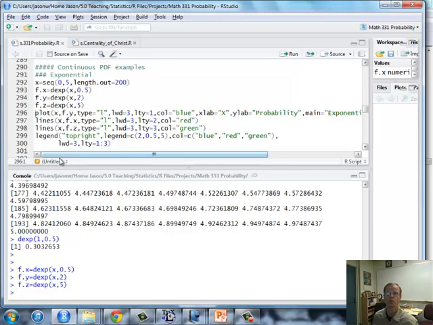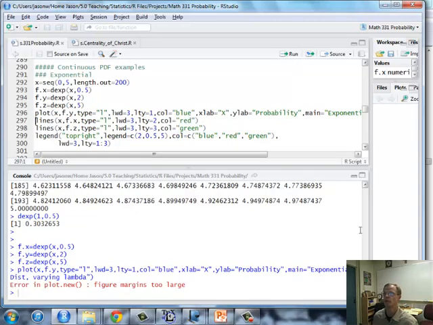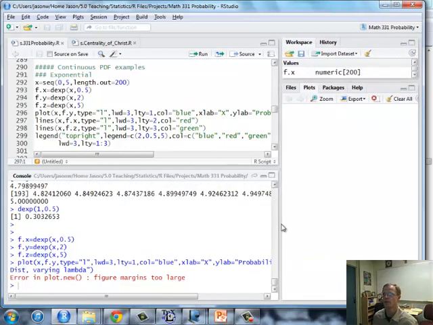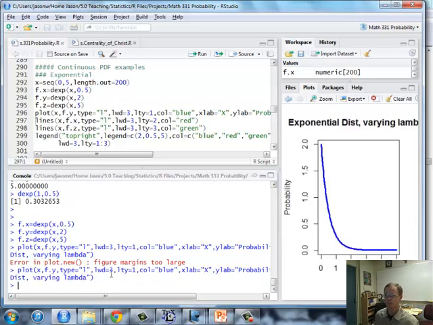Got those. Now, I have 3 plot commands. They're all the same, but once you make a plot, let's just run it. Okay, margin's too large, so tighten that up. Once I make a plot, then to overlay on top of that plot, what we need to do is use the lines command, and we've probably hit this in class.